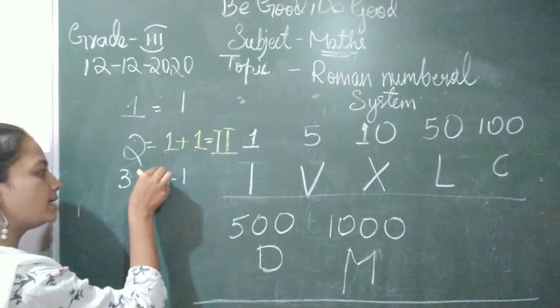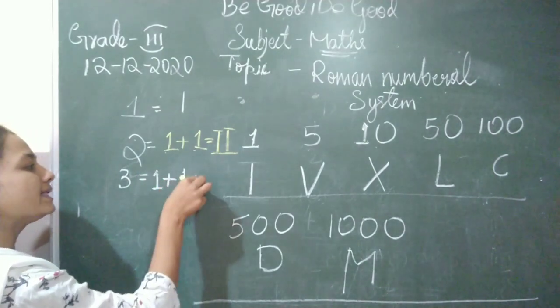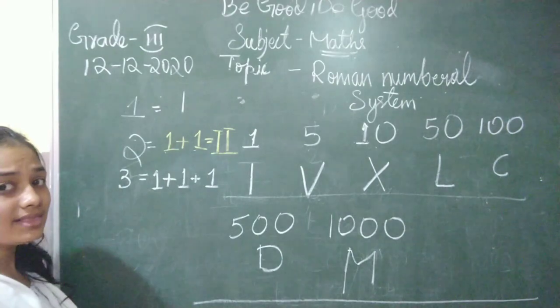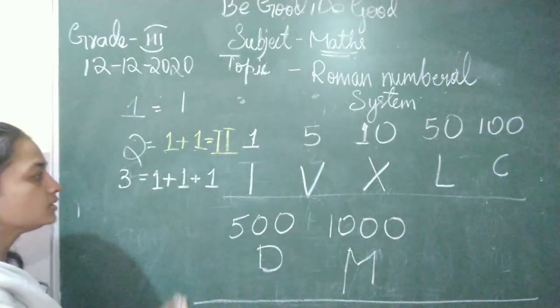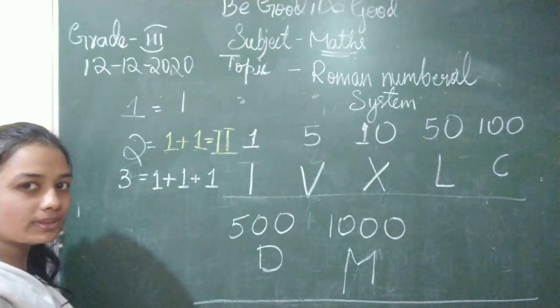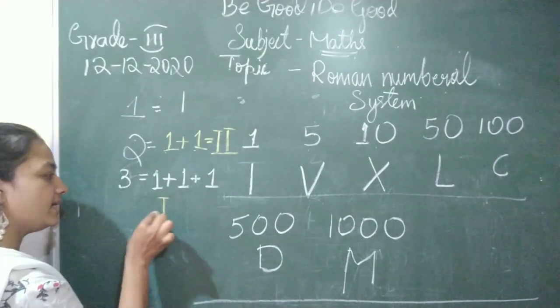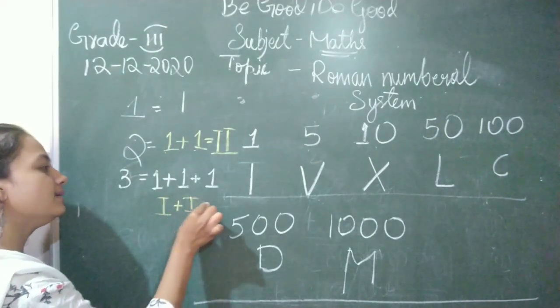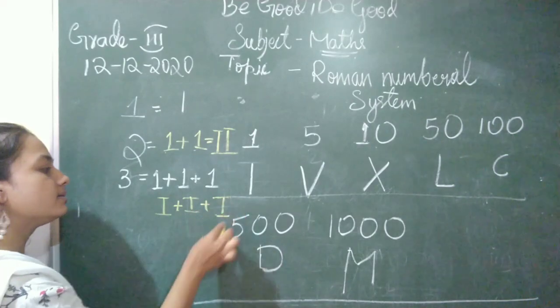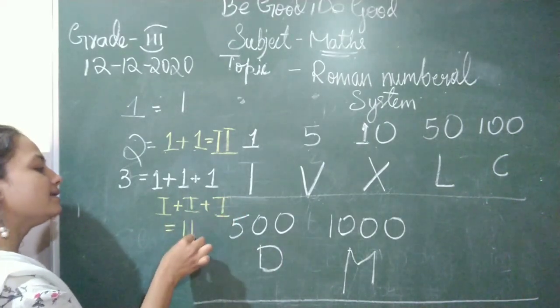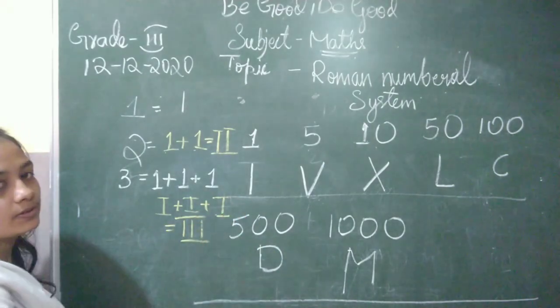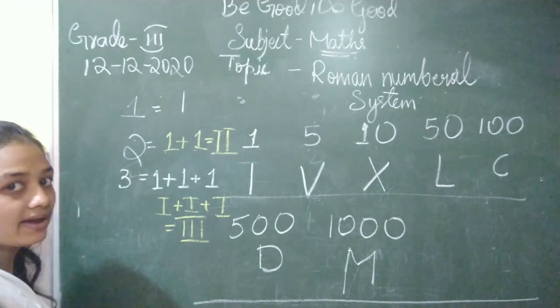I write 1 plus 1 plus 1 is 3. So in Roman numbers you write I plus I plus I. I can write it as 3 lines like this. So this will be 3.